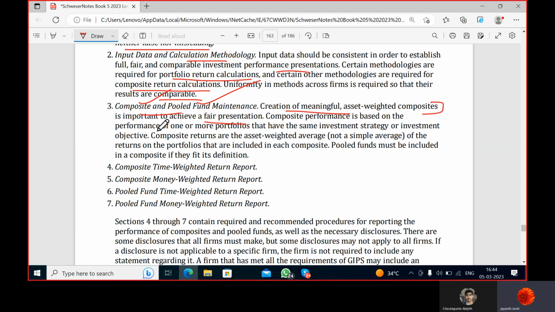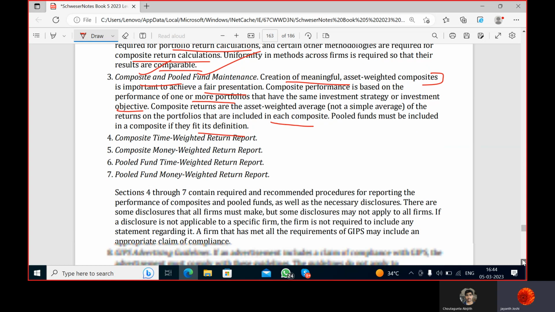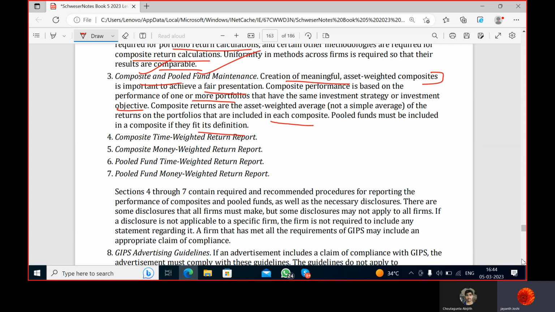Composite performance is based on the performance of one or more portfolios that have the same investment strategy or investment objective. Composite returns are the asset weighted average of returns on the portfolios that are included in each composite. Pooled funds must be included in a composite if they fit its definition. Composite means combination of securities.